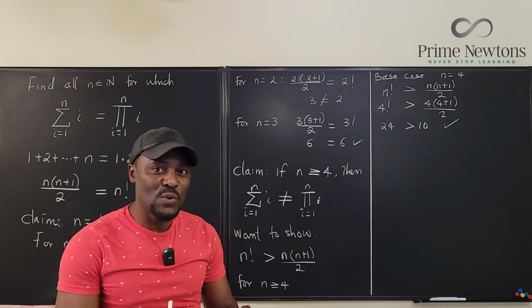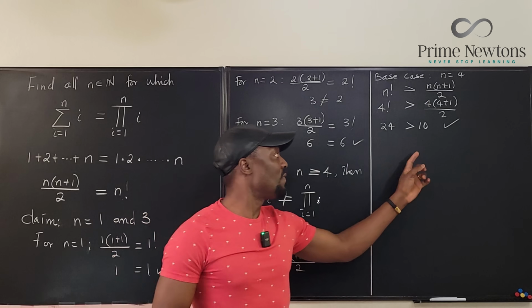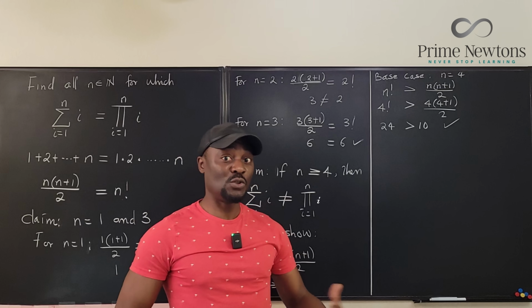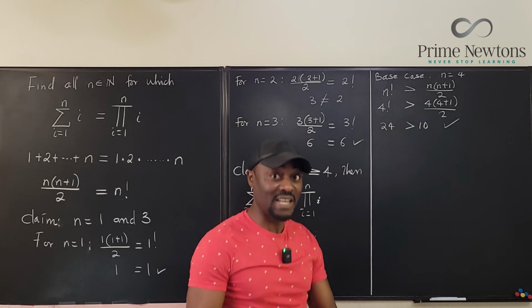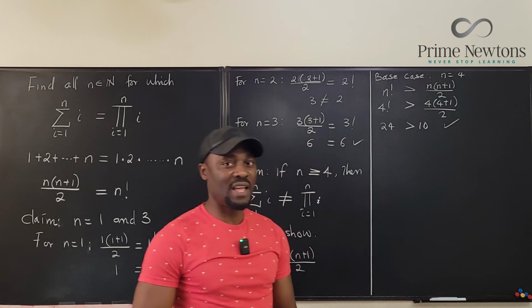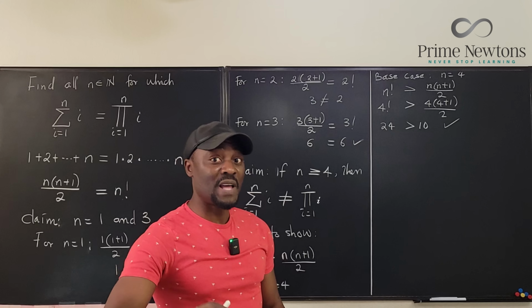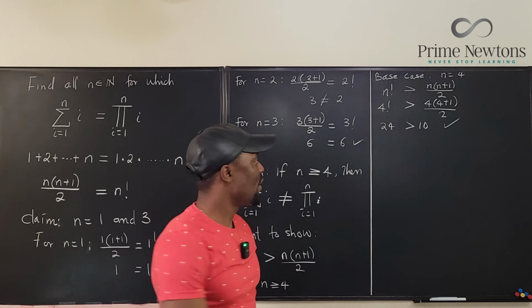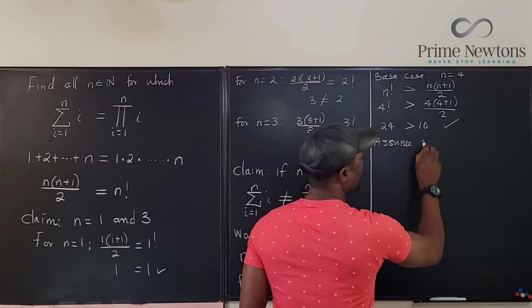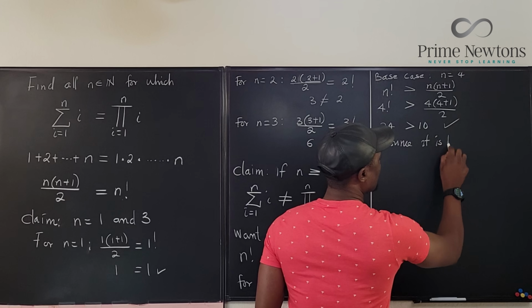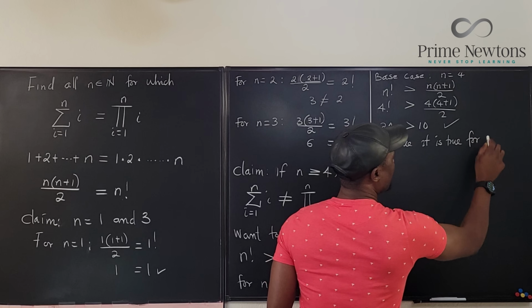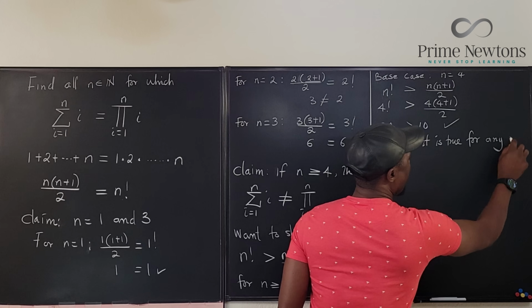All we have to do is say, if this is true for the base case, we're going to assume it is true for any n that is greater than 4, and then we have to prove that it is true for n plus 1. It is true for any n.